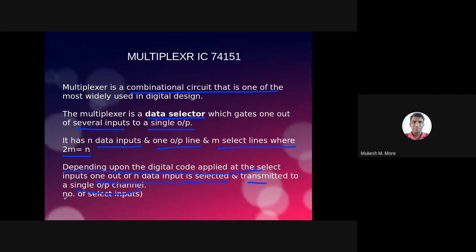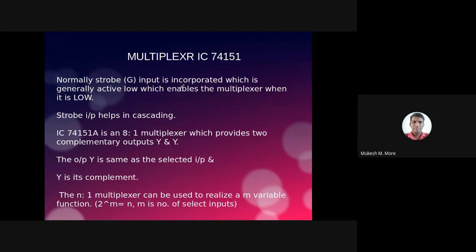As you know, we are studying the multiplexer. There are a number of input lines and a single output. Based on this, we have select inputs. Now, this E bar is also represented by G. Instead of E bar, you can use G, which is active low.